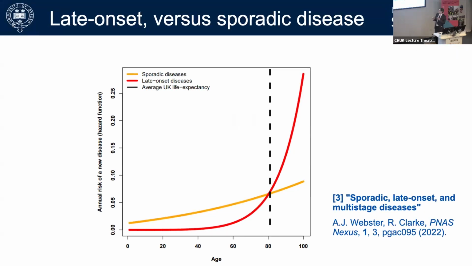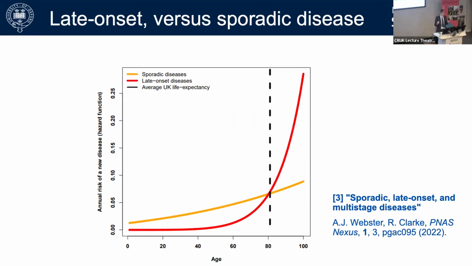So, having looked at hundreds of diseases in UK Biobank, one of the most obvious things that came away was how the age dependence of risk varied between these different disease types. Now, if you use logistic regression or proportional hazards, you're just getting a relative risk.